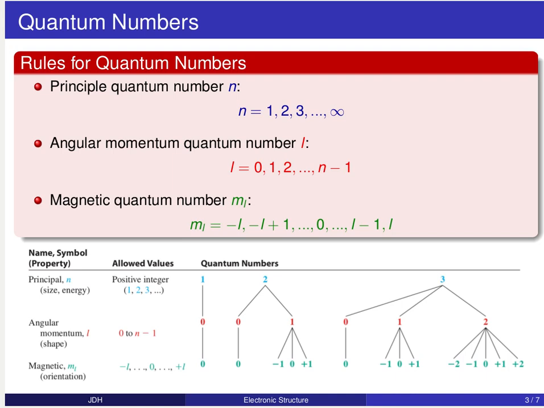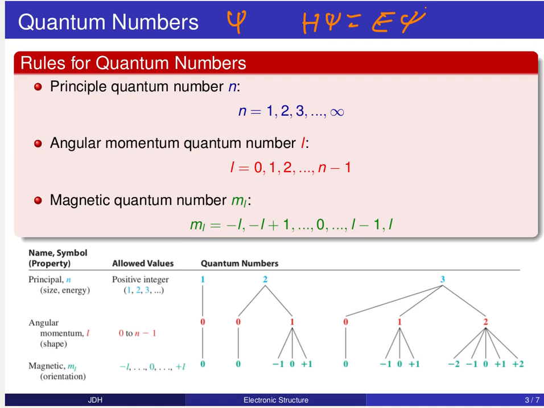Okay, so here's the extent of the math for this section. In order for these orbitals to be solutions to our Schrodinger's equation, these quantum numbers can only come in certain well-defined recipes.